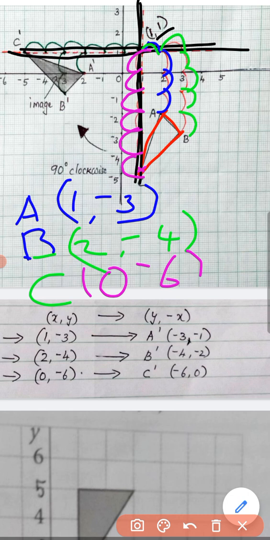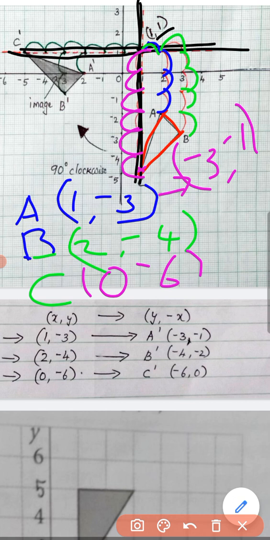Okay. These are the new coordinates of A, B and C. Now we have to apply the rule. Okay. What is the rule, children? x, y becomes y, -x. So 1, -3 becomes -3, -1. Right?